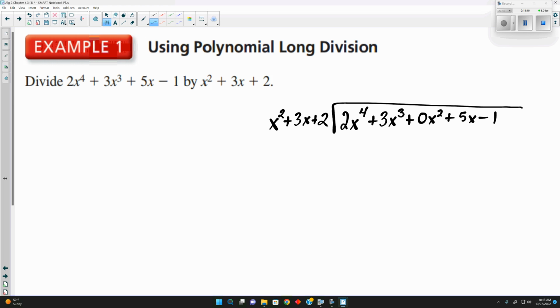Okay. Now again, we're doing the exact same thing we did on the first one. So we're wanting to see what times x squared gives me 2x to the 4th. Because we'll need a 2, yes? Because we have 1 here, we need to make it into a 2, so we will need a 2. So what times x squared gives us x to the 4th? x squared. Now, there is a little bit of, I don't know if it's a cheat per se, but how many terms do we have outside of this little house? 3, yes?